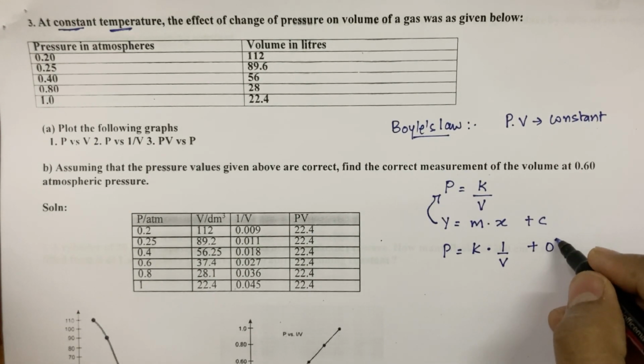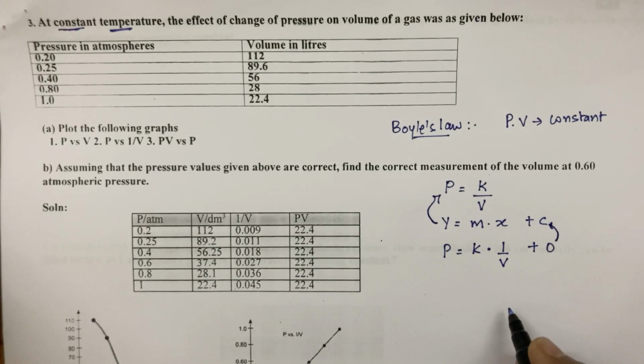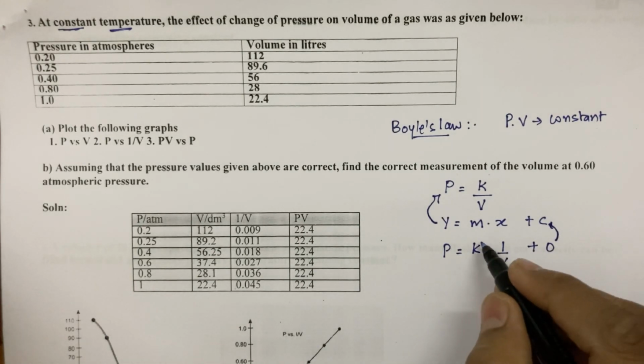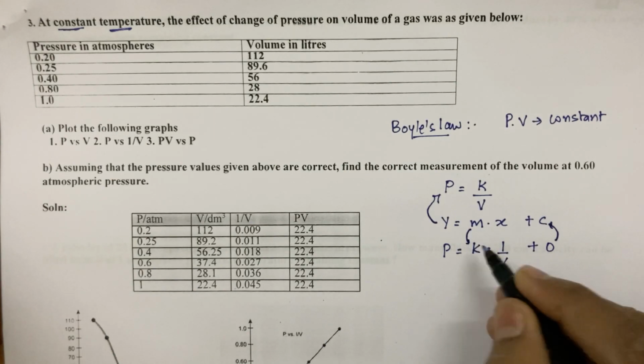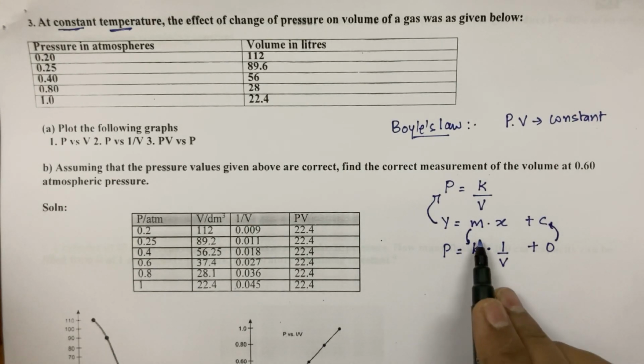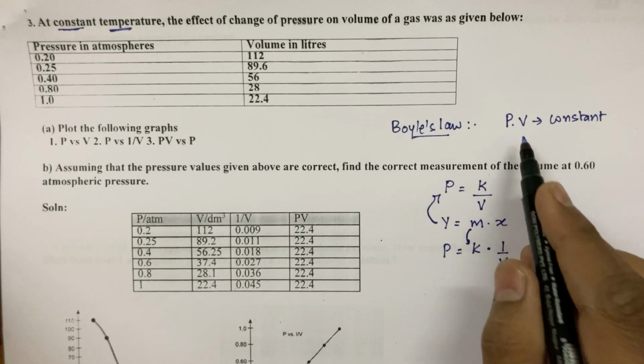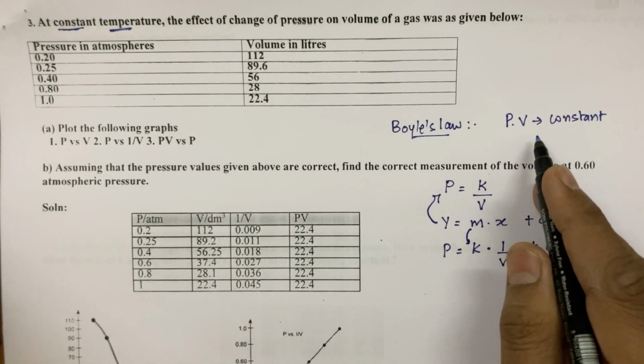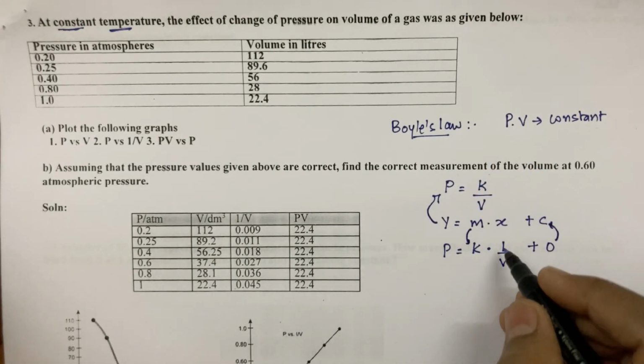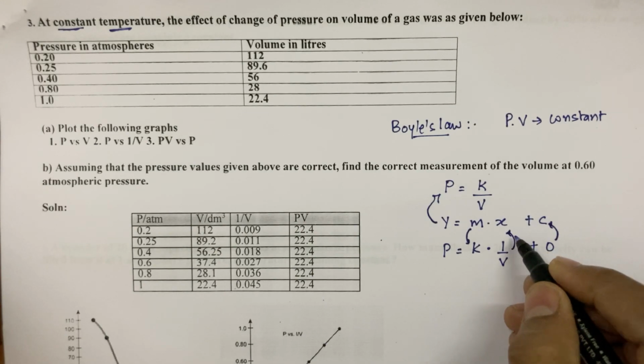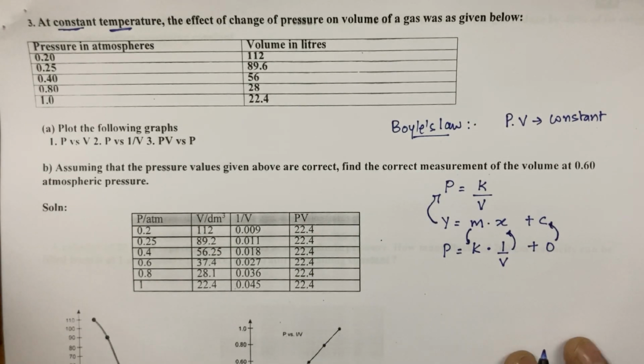So I see that the intercept is equal to 0. That means the graph can start from the origin, and this m, that is the slope, is constant. And what is constant? This m or slope is equal to P dot V. And on the x-axis I have to plot 1 upon V.